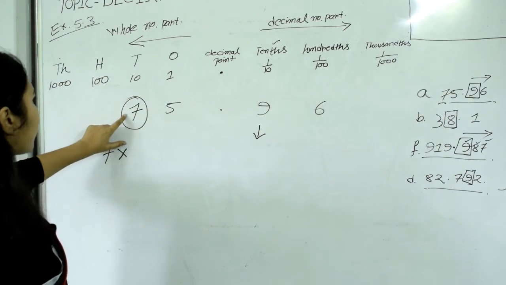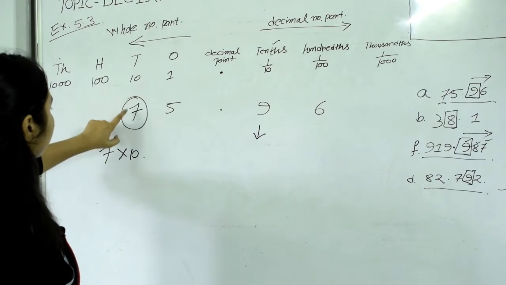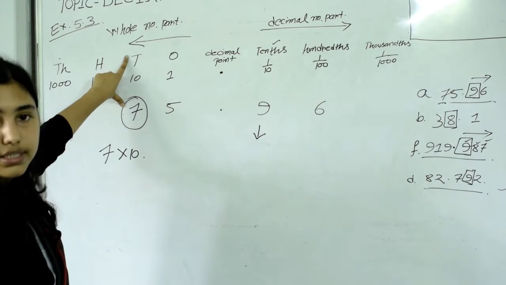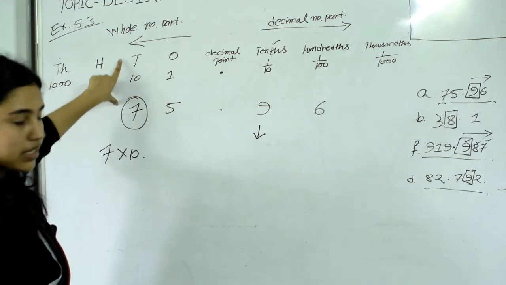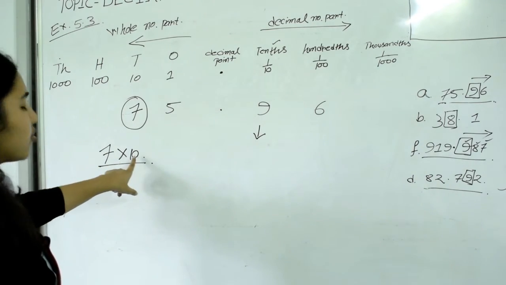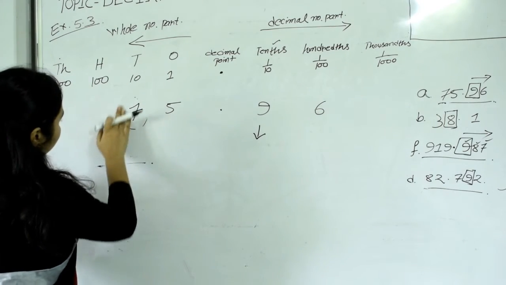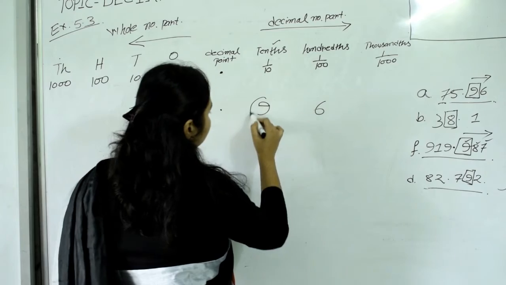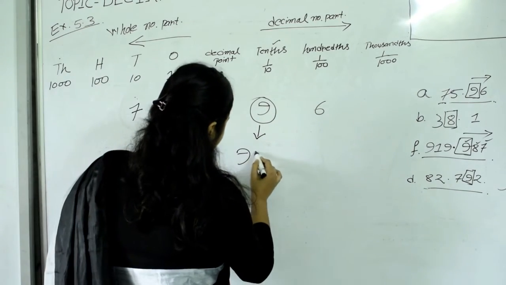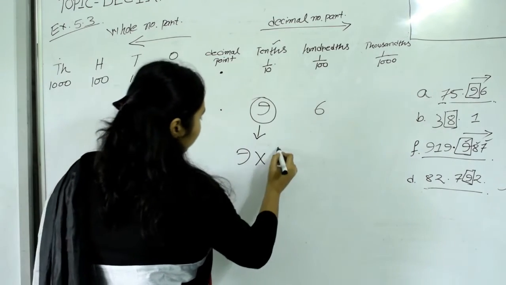Here the place value of 7 is 7 into 10. Why? Because here 7 is in the tens place, the tens digit. That's why we are multiplying 7 with 10. Now here we have to find the place value of 9. So by the same process, multiply 9 with 1 by 10.